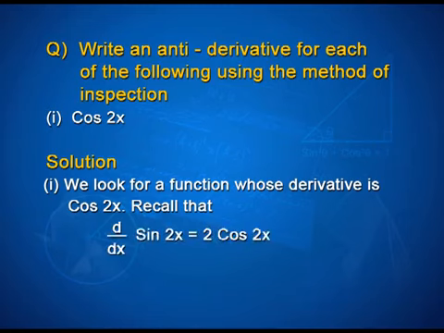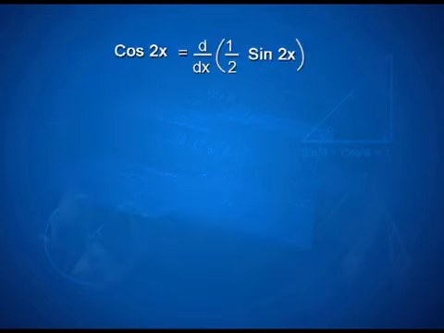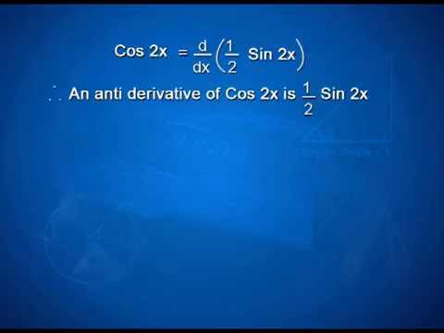Recall that d by dx of sin 2x is equal to 2 cos 2x, or cos 2x is equal to 1 upon 2 d by dx of sin 2x, that is equal to d by dx of half of sin 2x. Therefore, an antiderivative of cos 2x is 1 upon 2 sin 2x.